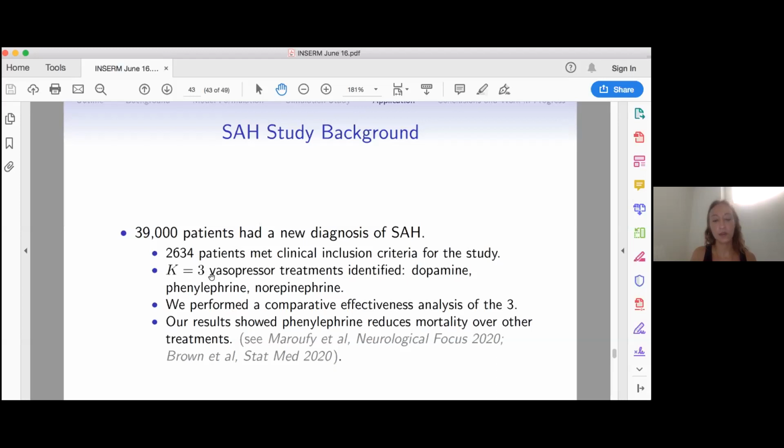We discovered 3 vasopressors used for the treatment of SAH: dopamine, phenylephrine, and norepinephrine. So we performed a comparative effective analysis of the 3 and showed phenylephrine reduces mortality more than the other treatments.